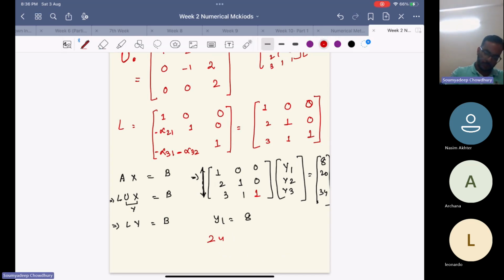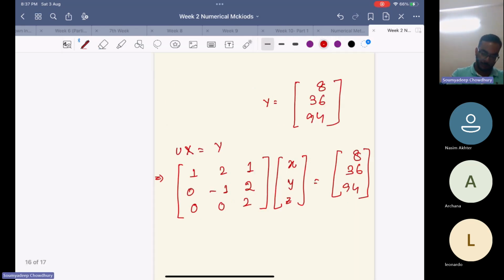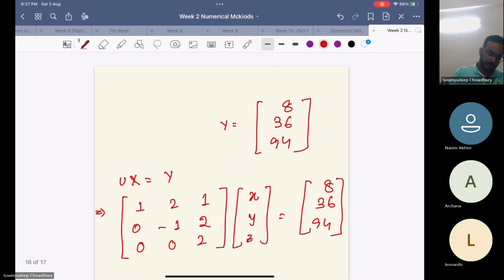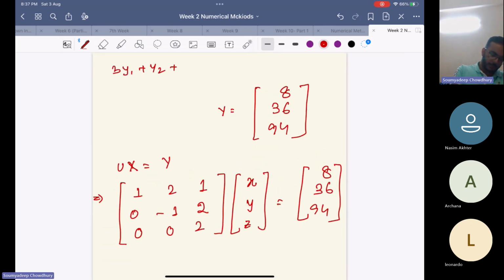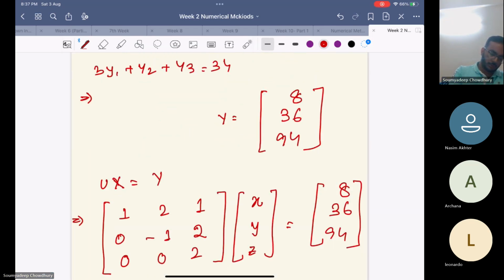So it is 2Y1 plus Y2 equal to 20. Y1 is 8, so Y2 is 20 minus 16, that is 4. Y2 is 4. I had this doubt about why I was getting such big answers, Y1, Y2, Y3. 3Y1 plus Y2 plus Y3 equals 34. 3Y1 is 24, plus 2 plus Y3, so Y3 is 8.